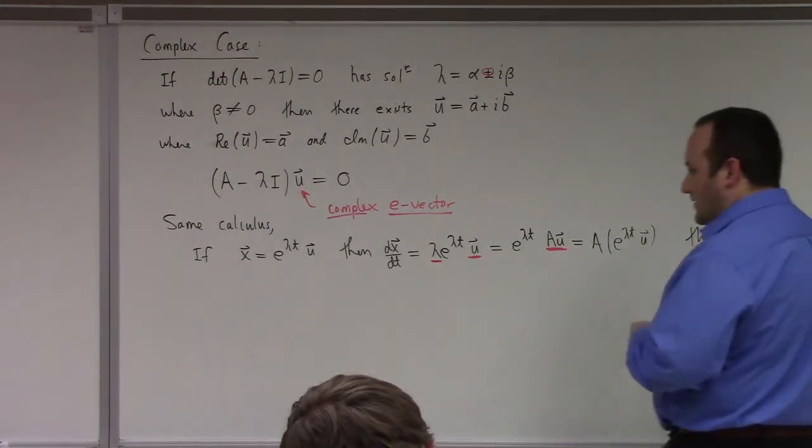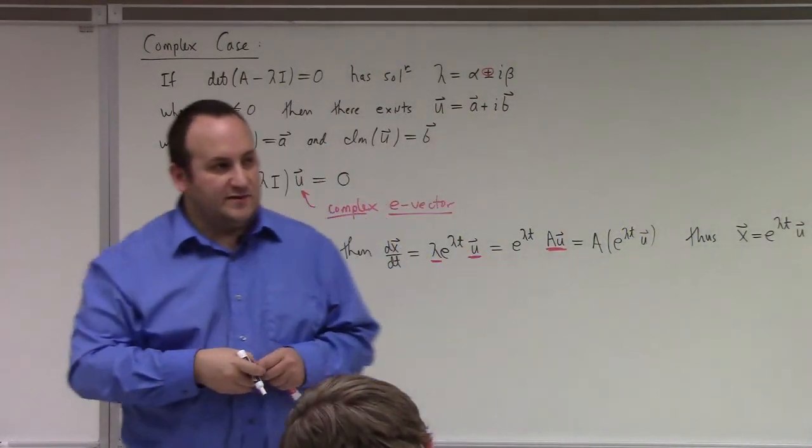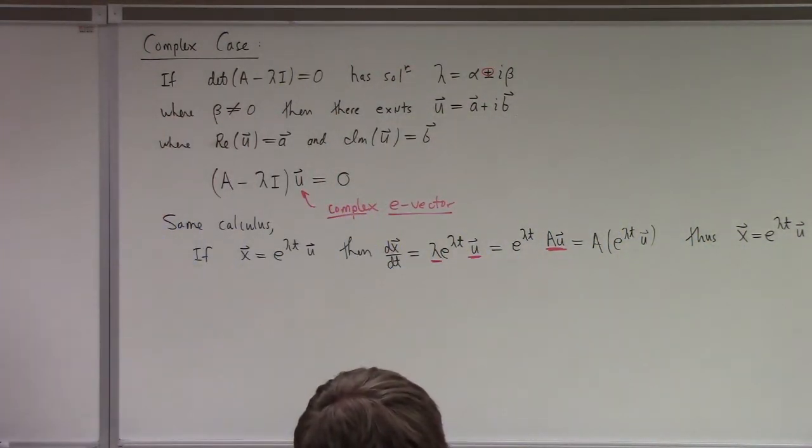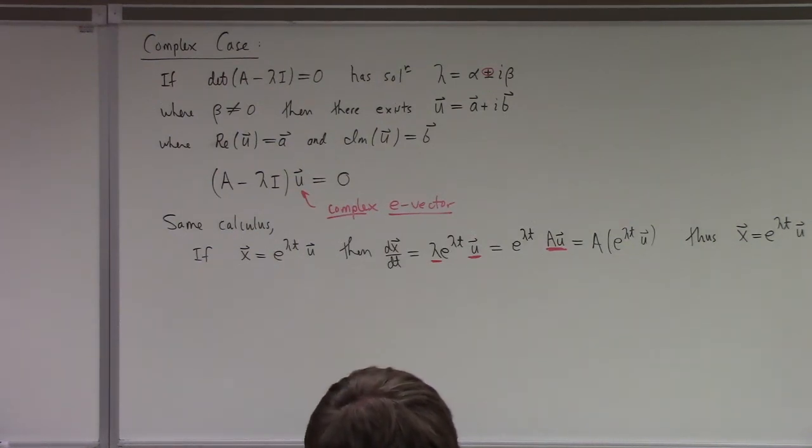Just to remind you why we do eigenvectors: it's because of this string of calculus that proves that if you take e to the eigenvalue times time times eigenvector, you solve dx/dt equals Ax, right? Don't forget, this is the theoretical bedrock on which we're building our house.